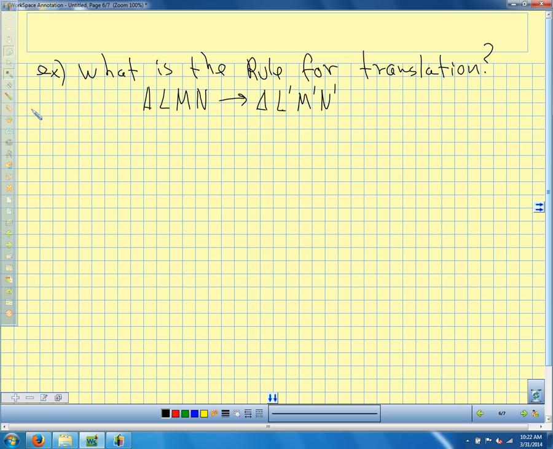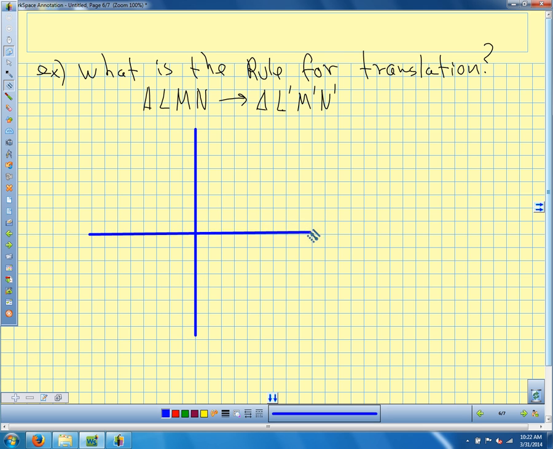All right, so let me draw our graphs here. Let me get this line a little thicker. And I'll draw up our triangles.